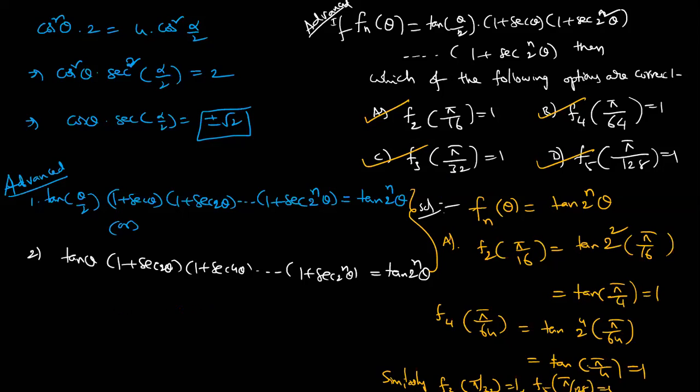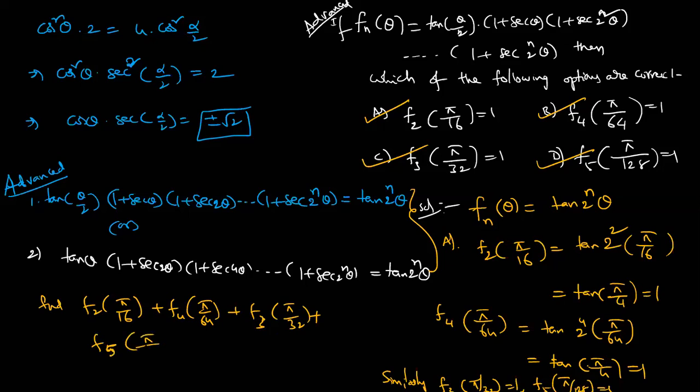Now, the same question, how they are asking in JEE Mains: they give a statement, then ask like that. It's a beautiful question. So they are asking this question: f_5(pi/128) is equal to S. What is the answer, anyone?